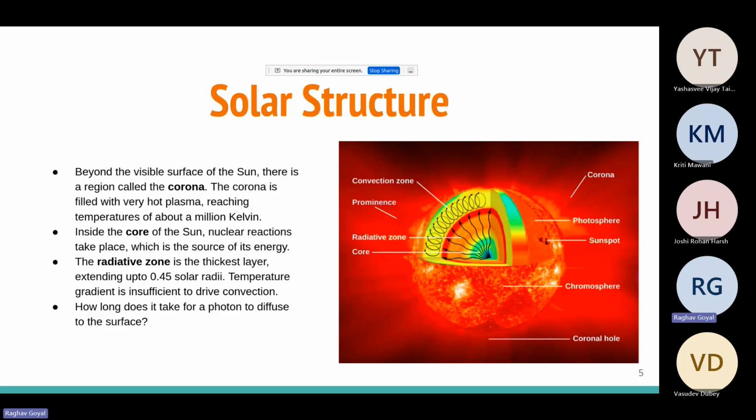It takes on the order of millions of years for a photon released in the core of the sun to actually reach the surface. Why? Because a photon gets absorbed by another particle, which again re-emits it, which is again absorbed by another particle.